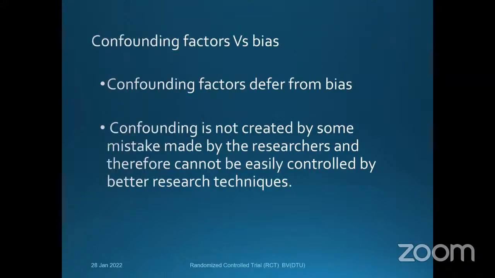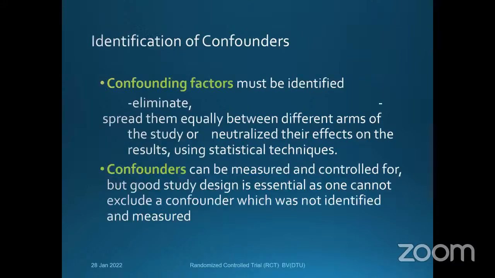So the confounding factor bias you should understand before a randomized control trial. The confounding factors differ from bias. Confounding is not created by some mistake made by the researchers, and it cannot be controlled by better research techniques. It must be identified and eliminated, and these confounders should be spread equally between different arms of the study, or their effects on the results neutralized using statistical techniques.